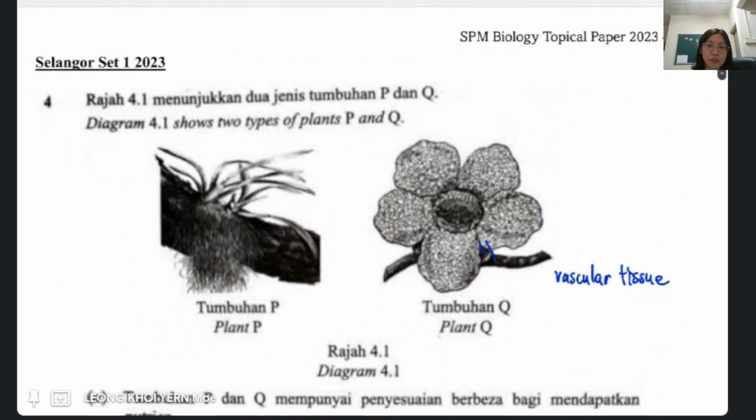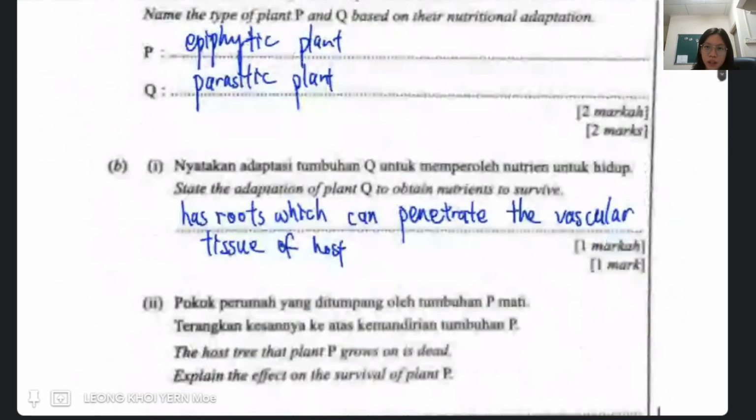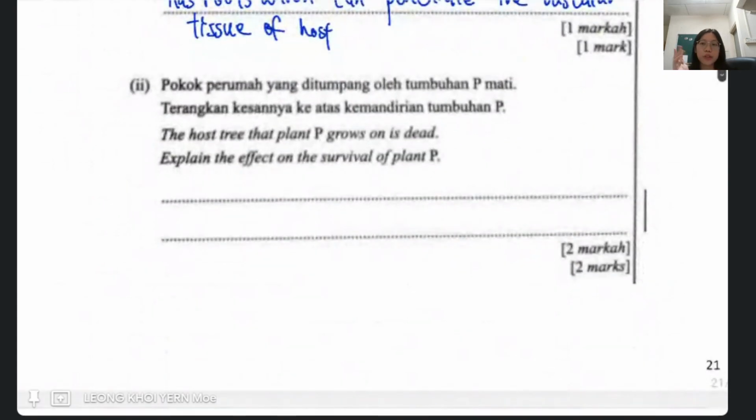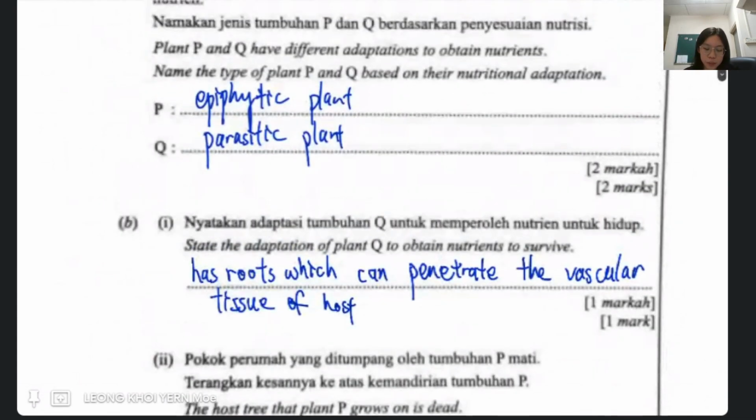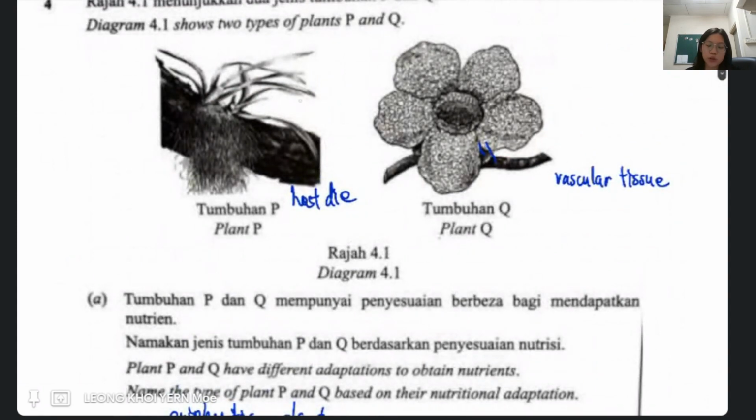So this is an epiphytic plant. So if the host dies, oh no, can plant P actually survive? You try to think, what are the differences between them? Plant P can actually do photosynthesis on its own, but this one cannot do photosynthesis on its own.